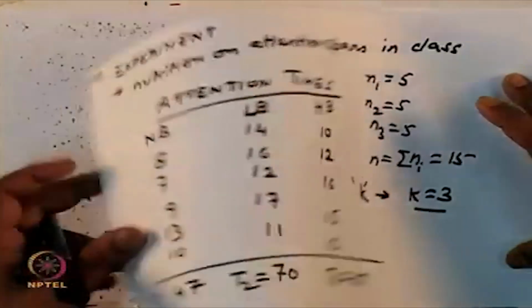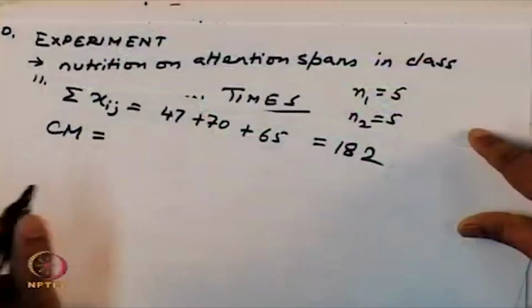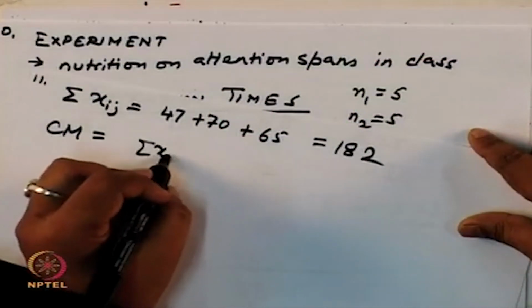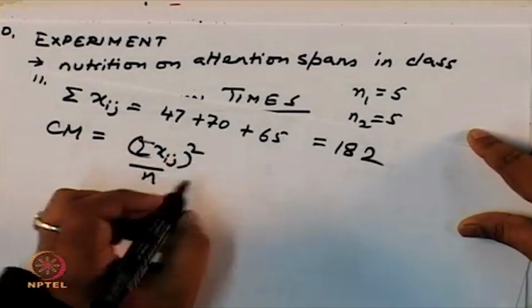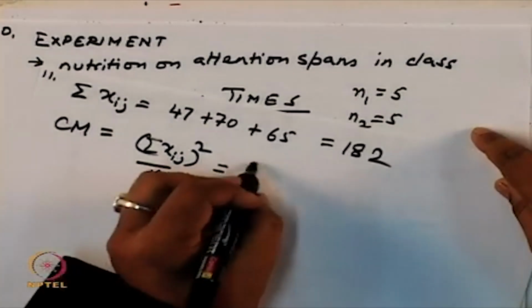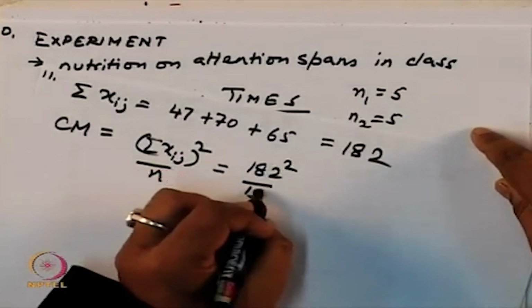Summation Xij is you add up all these values, which should come out to be 47 plus 70 plus 65, equal to 182. So, your Cm, the correction for the mean, is summation Xij whole square by n, which is 182 square by 15.